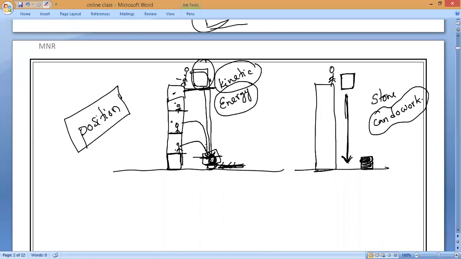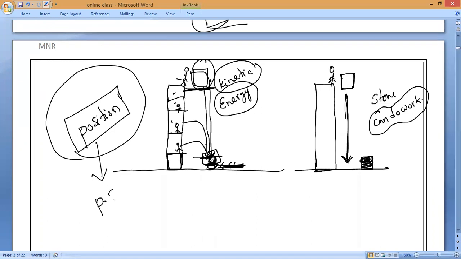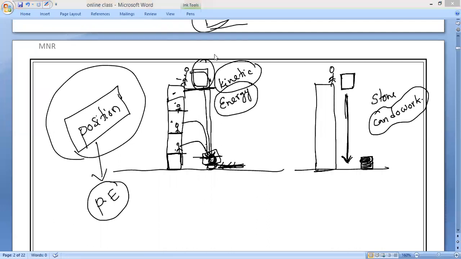So due to its position, the energy possessed by a body is called what energy? Potential energy. Understand?